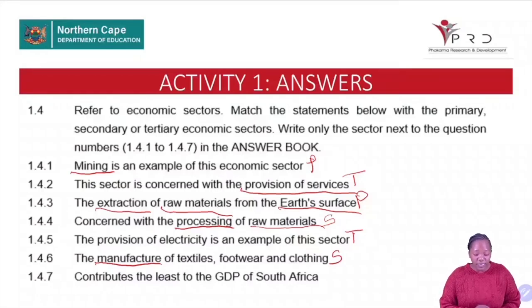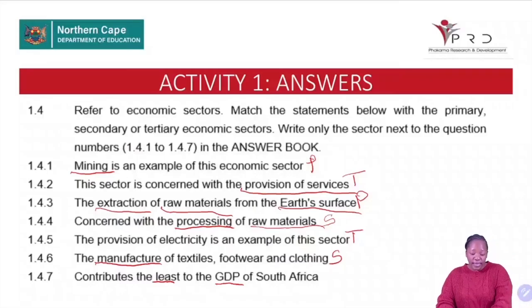And then question number 7, it contributes the least. The key there is the least. Where is it contributing this least? To the GDP. So from the 4 sectors, the primary sector is the one that deals with the raw material, which means because these materials are still raw, they are not manufactured or processed into a final product.